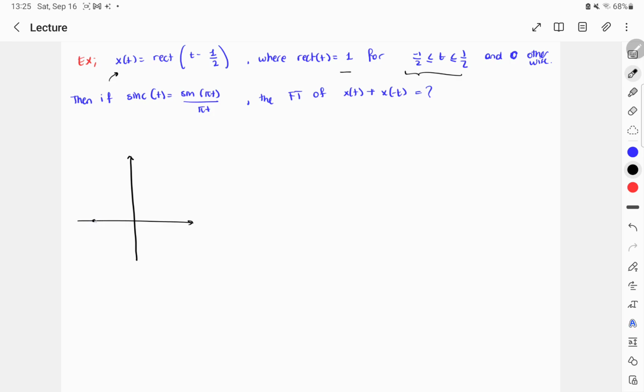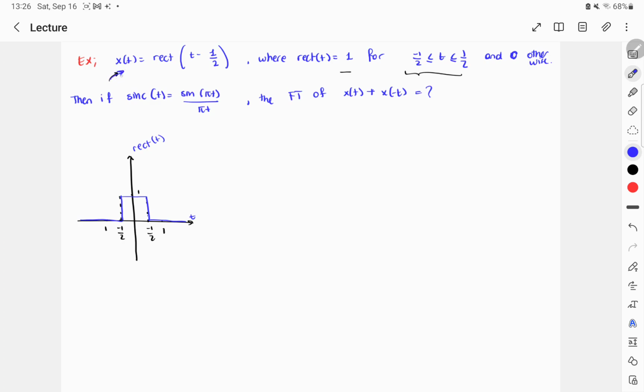From -1/2 to 1/2, with value 1. Here we have the rectangular function like this. And then what do we do?